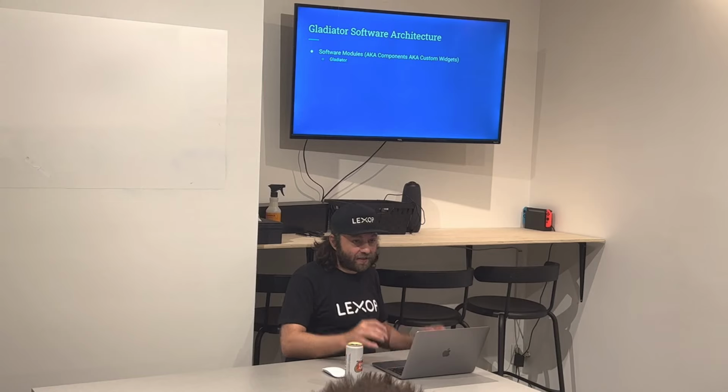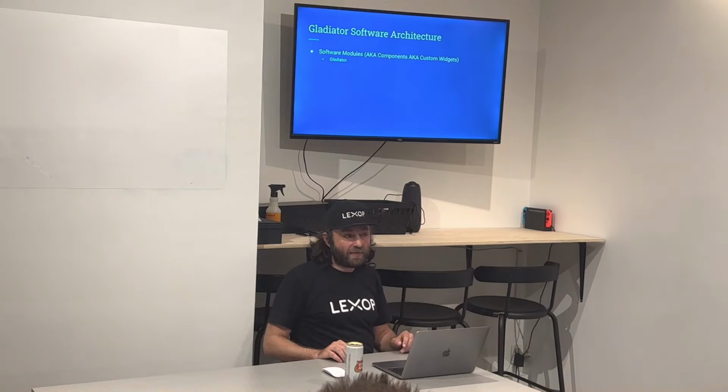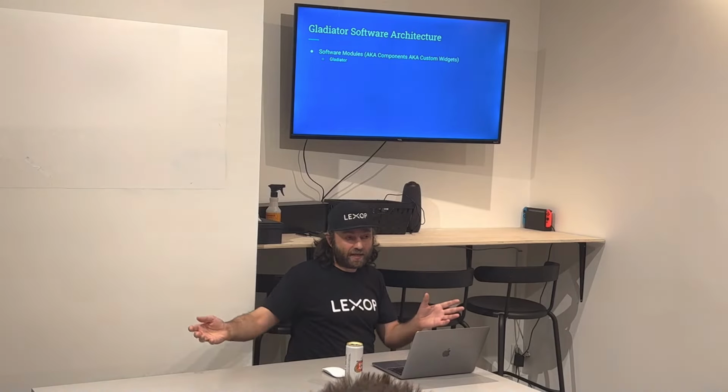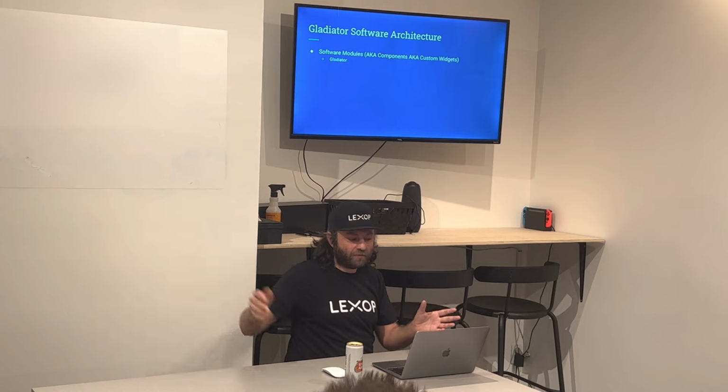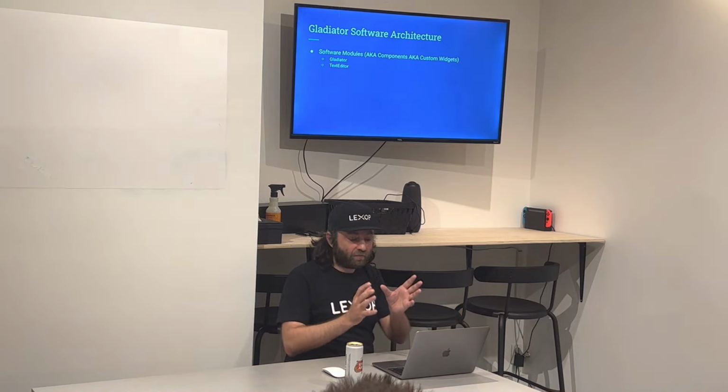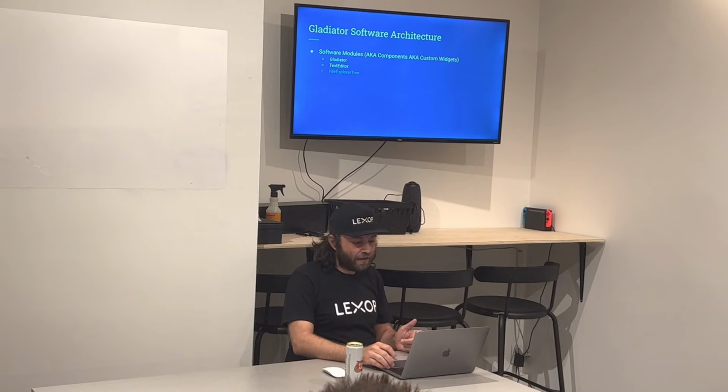So Gladiator itself is a component, meaning if I want, I can embed the entirety of Gladiator into another app, and I can bring it up when needed just to edit some code. But also, it's decomposed into smaller components like text editor, file explorer tree, file lookup list, the file edit menu, the Gladiator menu bar, and the progress shell.